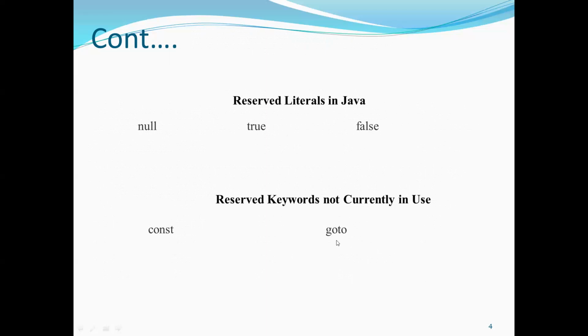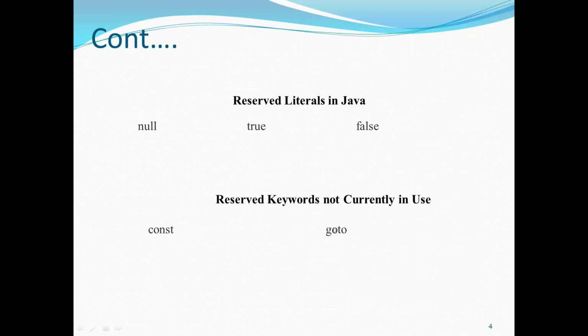These two keywords are still reserved, but not in use. We don't use const and goto in Java programming. In place of const, which is used to declare constants in C and C++, a keyword called final was introduced in Java. We use final, and final has a special meaning.